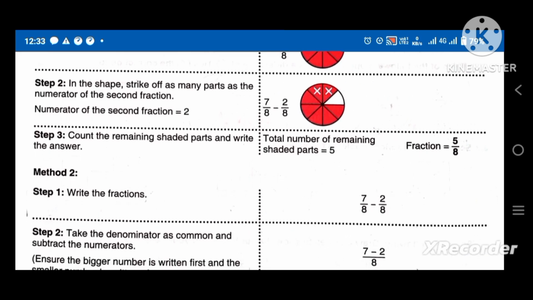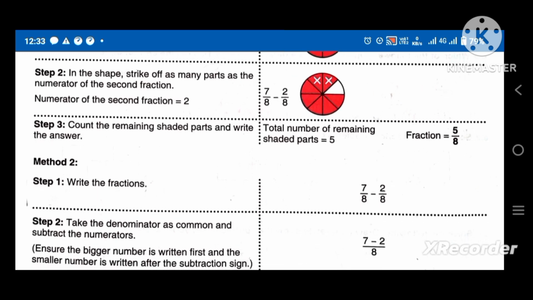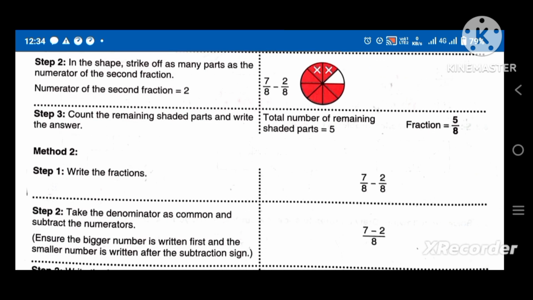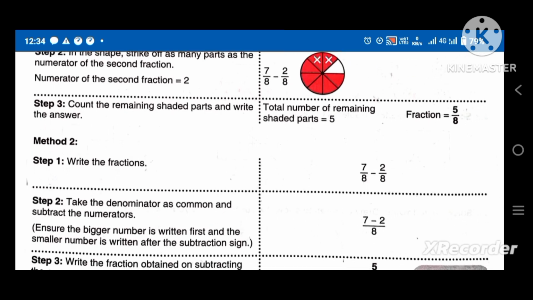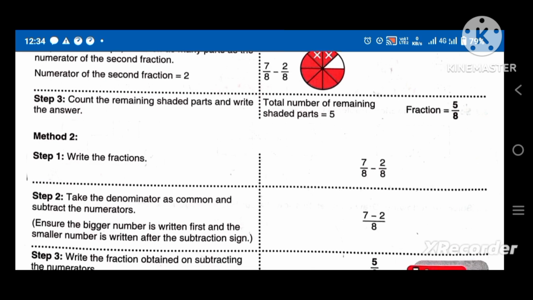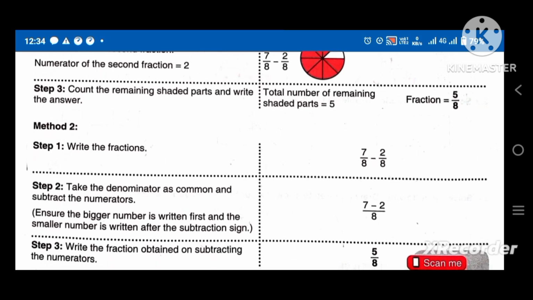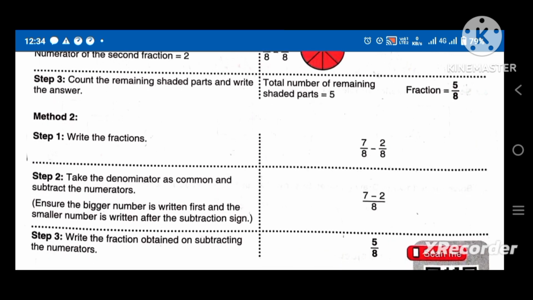Take the denominator as common and subtract the numerators. Ensure the bigger number is written first and the smaller number is written after the subtraction sign. 7 minus 2 divided by 8. Step 3. Write the fraction obtained on subtracting the numerators, that is 5 by 8.